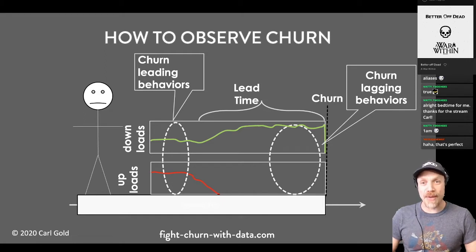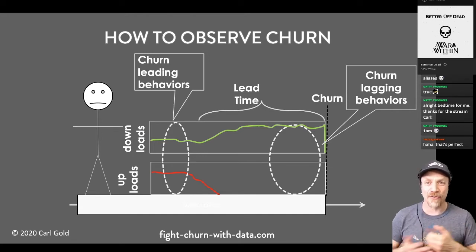Usually some behaviors increase, but some behaviors decrease. This is shown for, like, imagine a file sharing service. Someone decides they're going to churn around this time here. And then after they decided to churn, they stop uploading. So their uploads go to 0, and then their downloads go up because they're planning to churn.